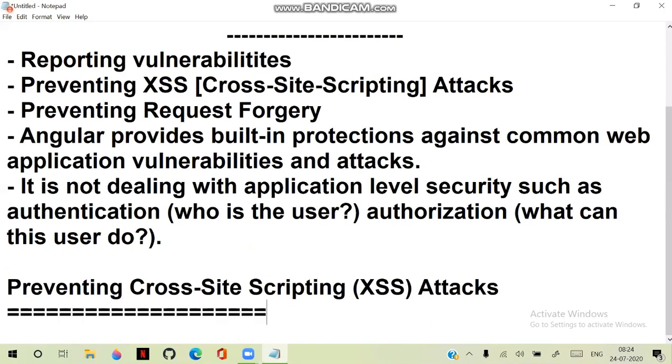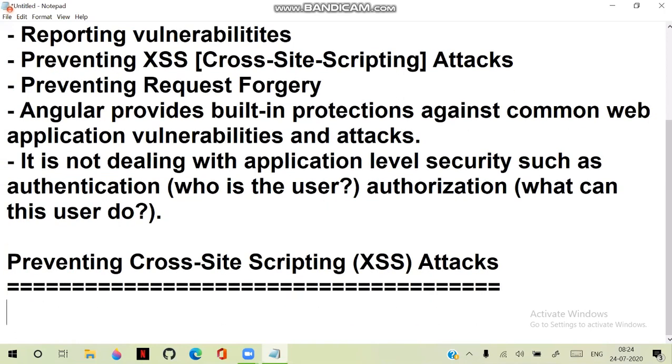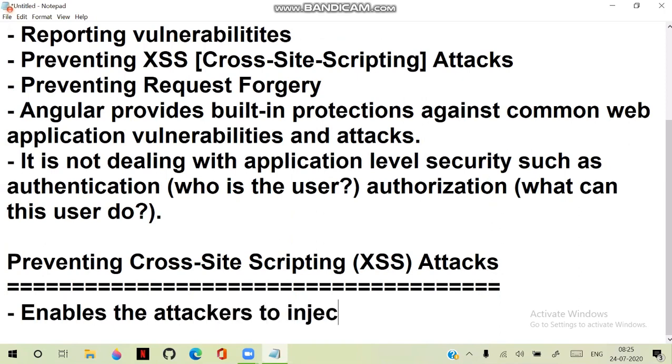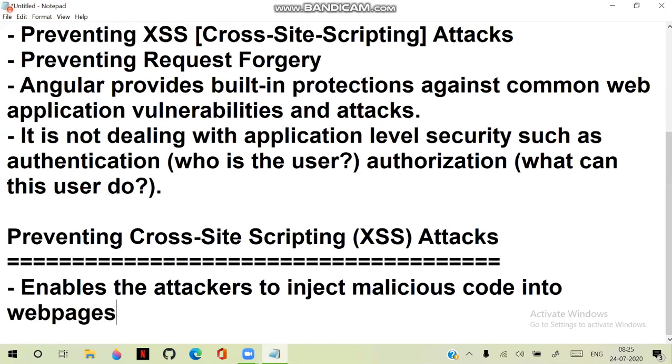Generally, I think many of you know that cross-site scripting attacks enable attackers to inject any malicious code into web pages.